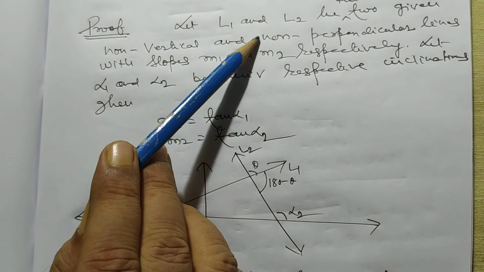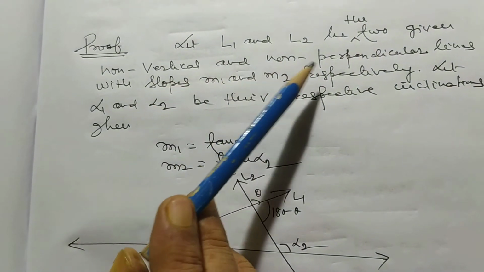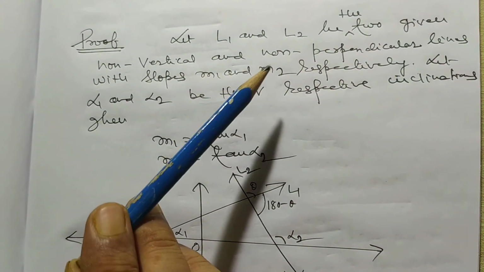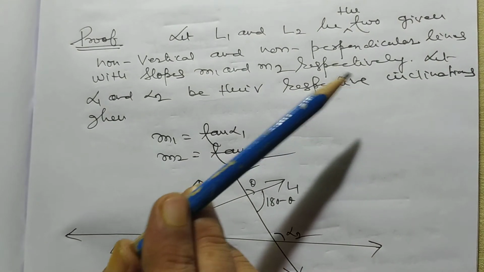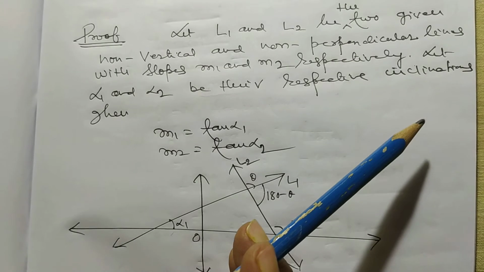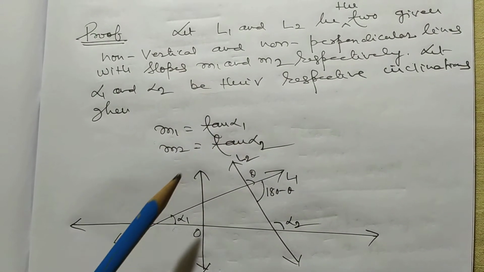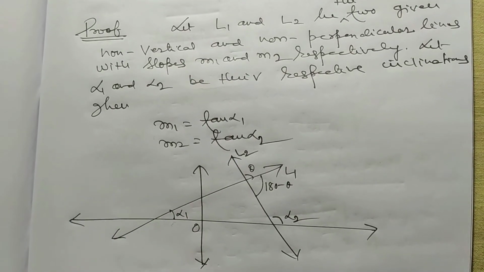Let L1 and L2 be two given non-vertical and non-perpendicular lines with slopes m1 and m2 respectively. Let alpha 1 and alpha 2 be their respective inclinations. Then m1 is equal to tan alpha 1, m2 is equal to tan alpha 2.